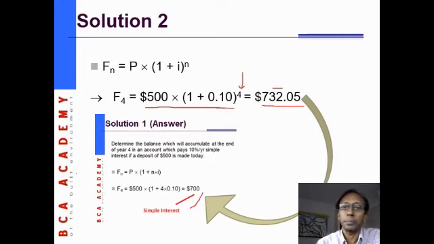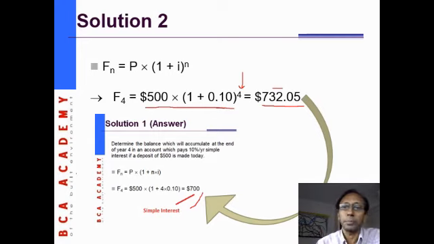And we give a term for this factor. We call it the future worth factor for the single sum payment. So if I know the present value and I multiply by a number which is called the future worth factor, I will get the future value.